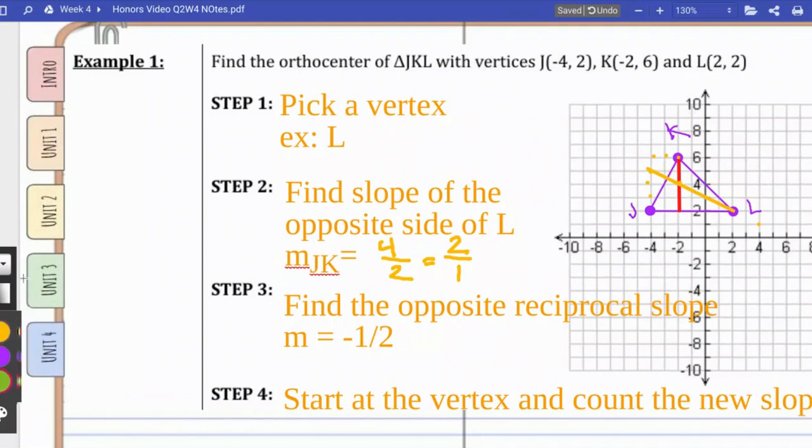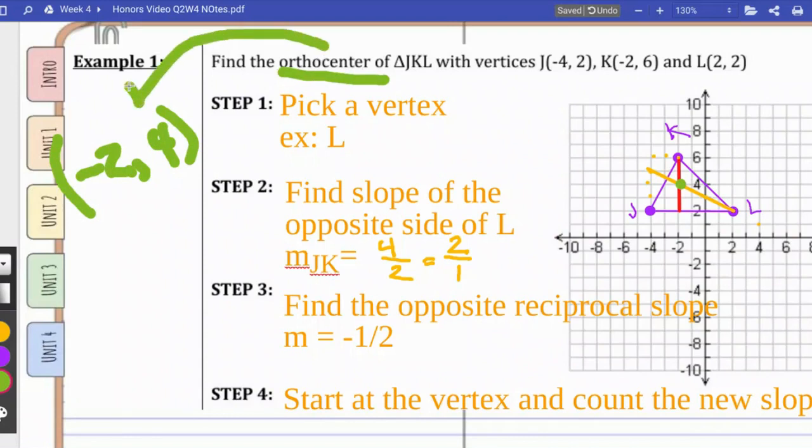We could draw the third one in there if we wanted, but right now we have enough information to show that the orthocenter is located right here at -2, 4. So you could go through those 3 steps again and do J and KL, but that line would also intersect through that point.